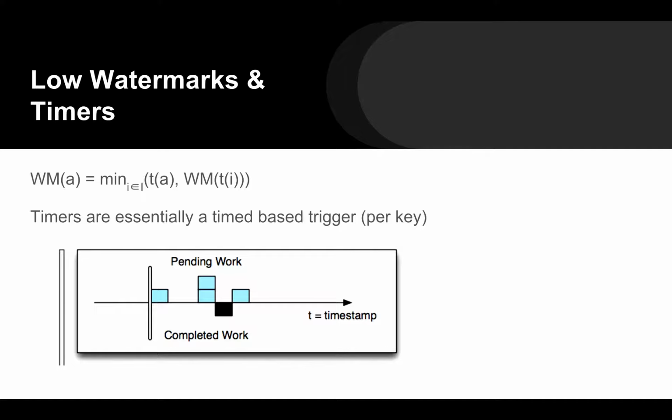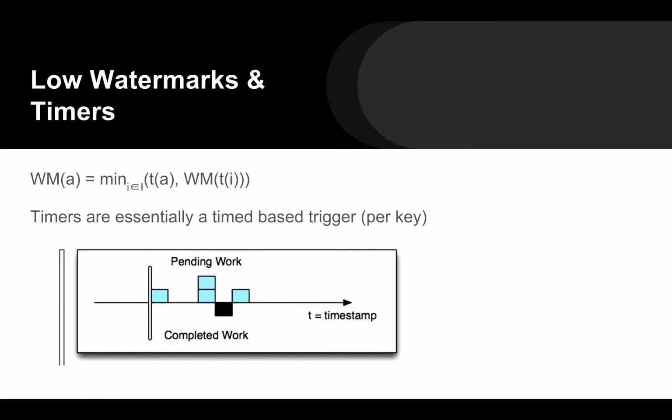So a very nice recursive definition of it is, it's the minimum of the timestamps of all pending work, and, for all input streams to its node, the watermark for those input streams.